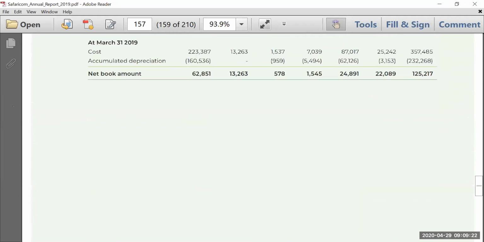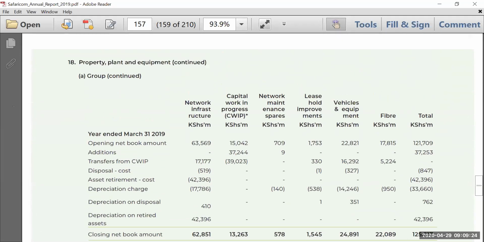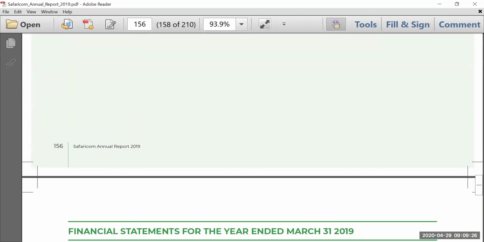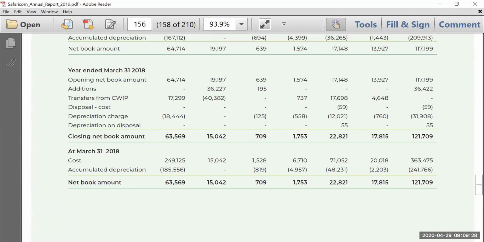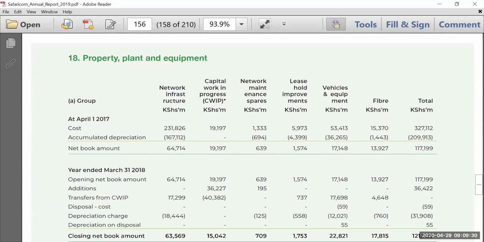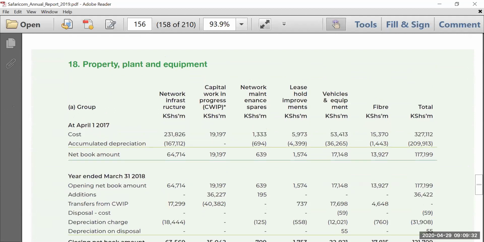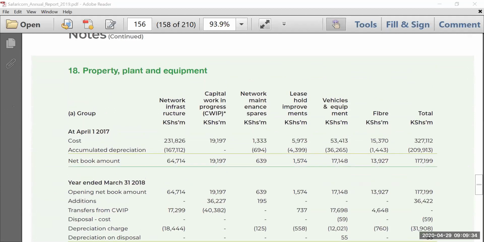So as I mentioned, as an auditor, you want to confirm that the company has actually done all the disclosure with regard to their particular asset class. In this particular case, we're dealing with the PPE of the company. So simply that's what I wanted to show, that for each of the categories, the company has actually done the relevant disclosure.